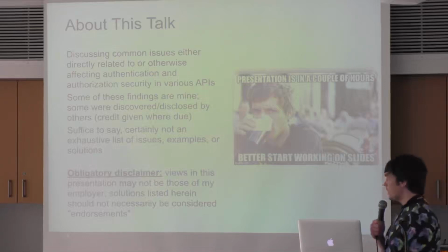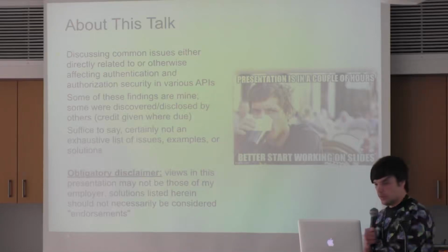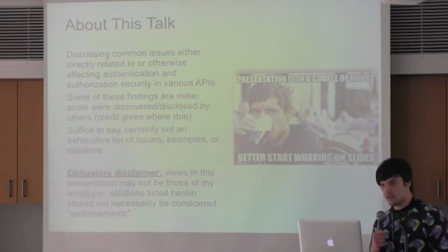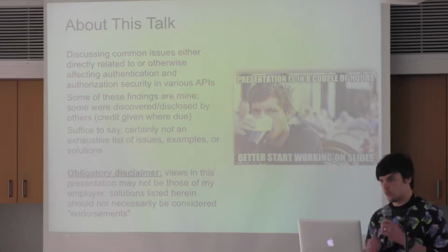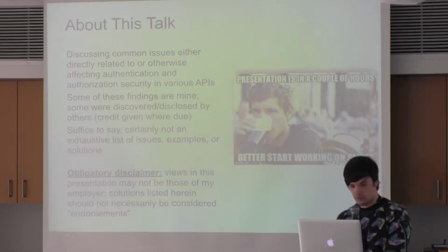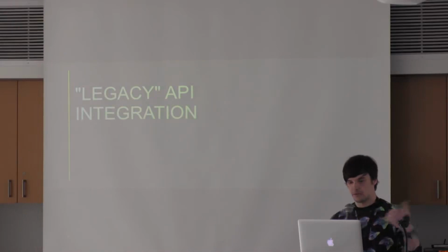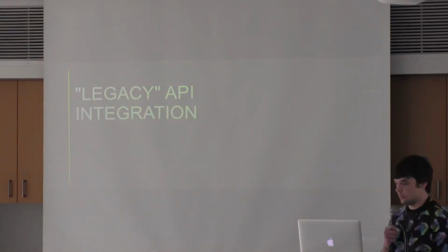Like I said, some of these are mine, some were discovered and disclosed by others. Credit is given where due. It's certainly not an exhaustive list of issues, examples, or solutions, so I'm not going to make you API hacksaw when you walk out of here. Obligatory disclaimer, you already know what that is. So we'll just jump right in, and feel free to stop me if you have any questions. Otherwise, I'll try to keep pace with the time slot.